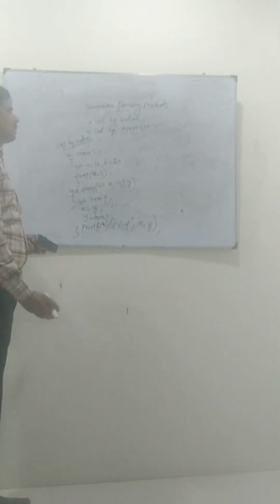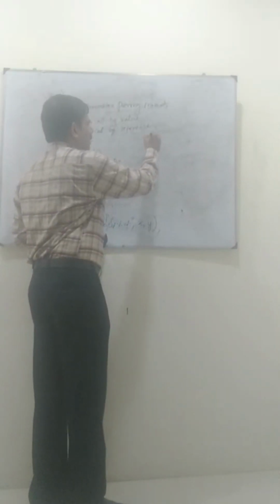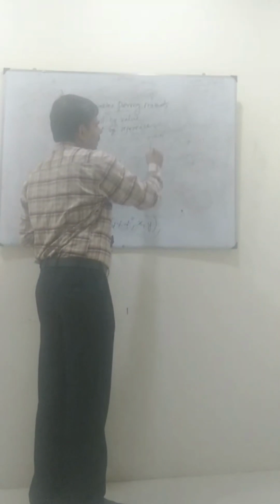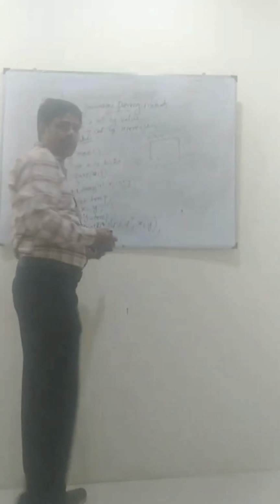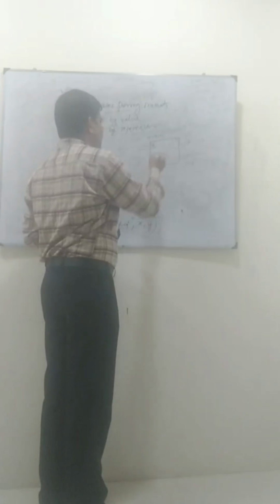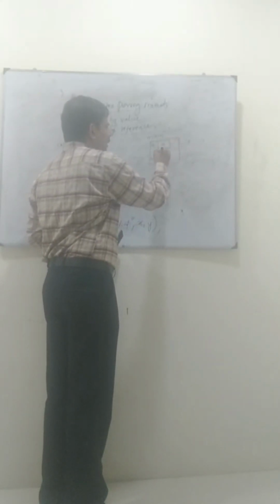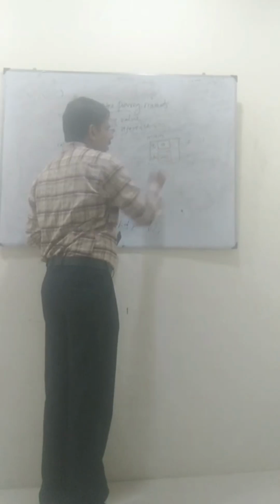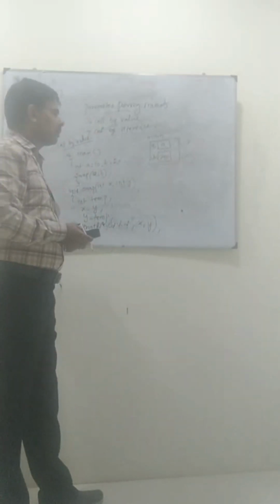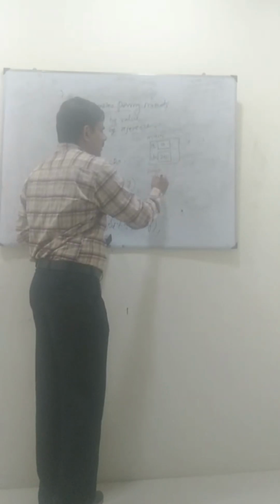Okay. Now this is call by value. First the main program. The main program contains two variables. The first variable is a and the second variable is b. The variable a contains the value 10 and the variable b contains the value 20. Okay. Now the swap is the sub program.